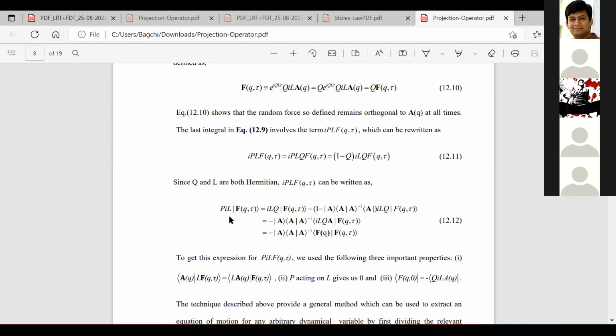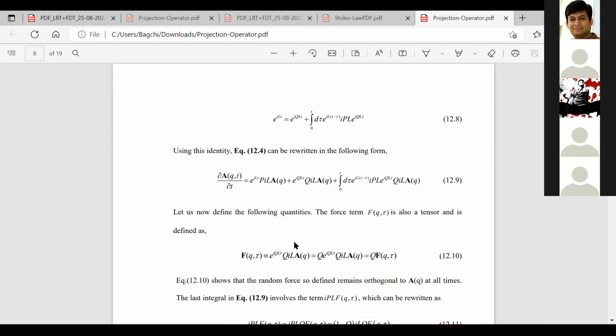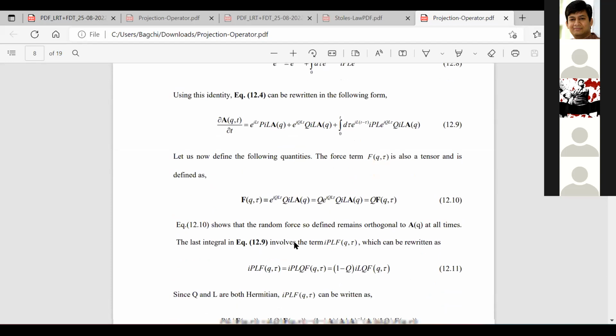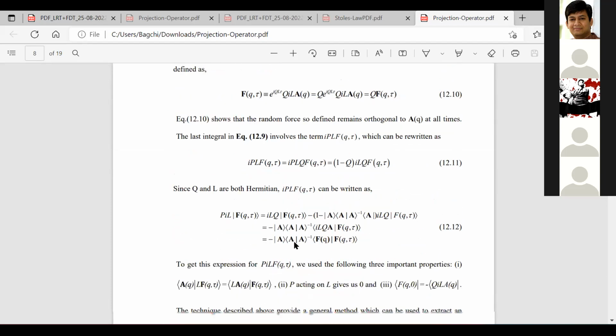Again, propagation of L on F introduces both Q and my relevant subspace. Again, I have to separate it out. So that is the game that goes on here. Everywhere you have to separate out the orthogonal space and the system's subspace.